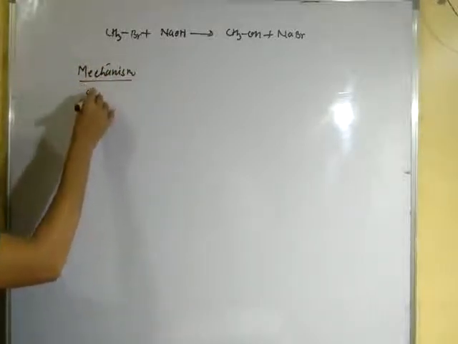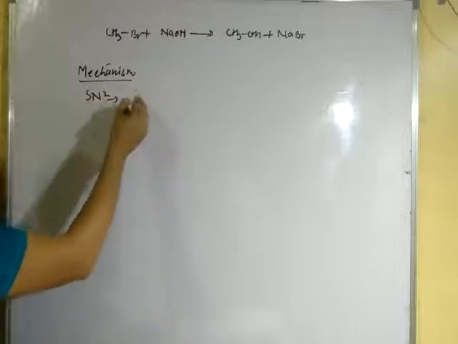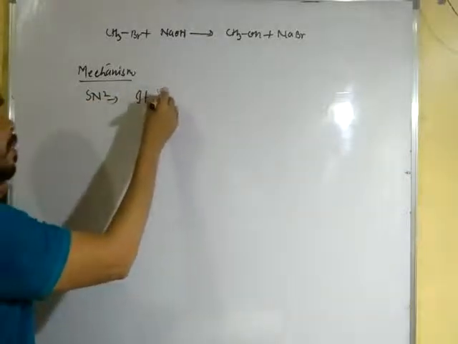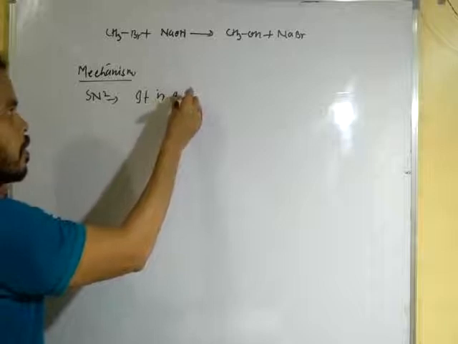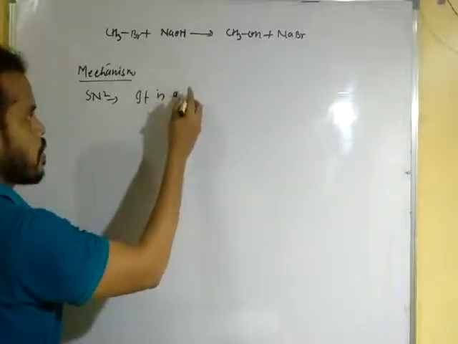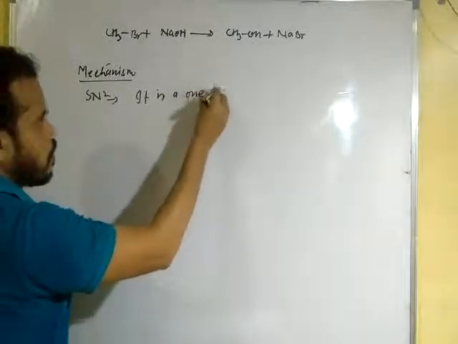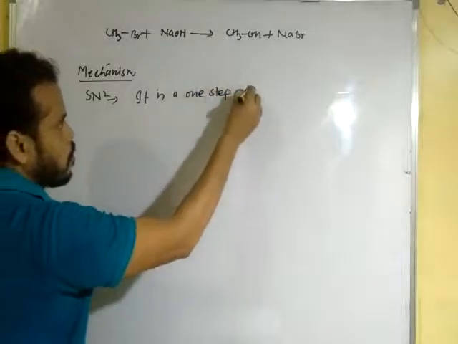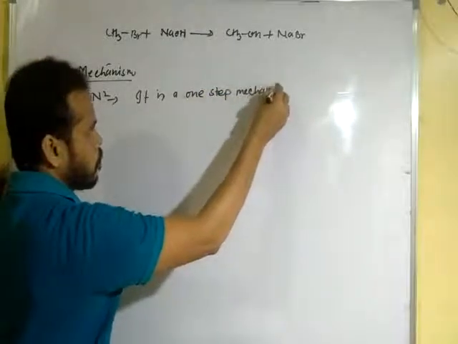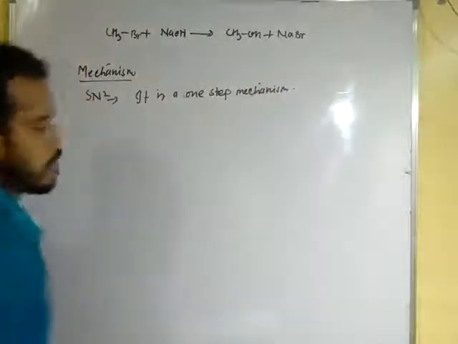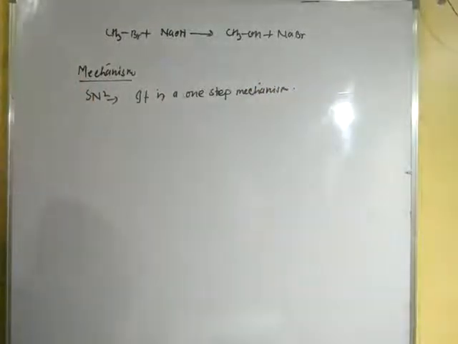Now the mechanism. It is the SN2 mechanism and it is a one step mechanism. In this step, a transition state is formed.